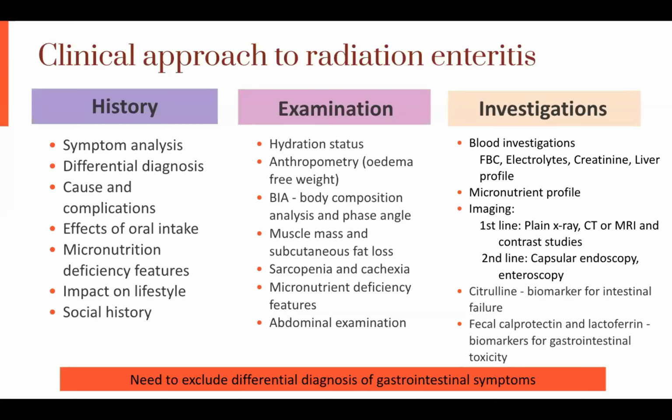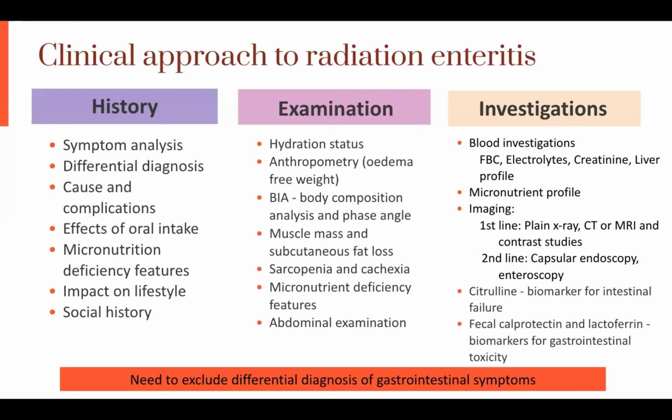If you have BIA, body composition analysis, make use of it. Phase angle is a prognostic marker, make use of this. Muscle mass and subcutaneous fat loss have to be assessed, sarcopenia and cachexia, and then micronutrient deficiency features and abdominal examination, and the rest of the examination as well.